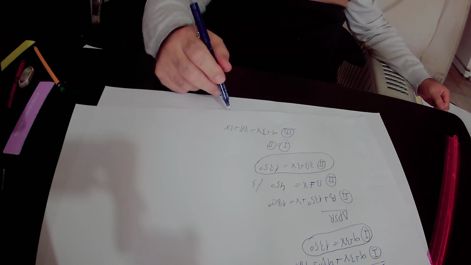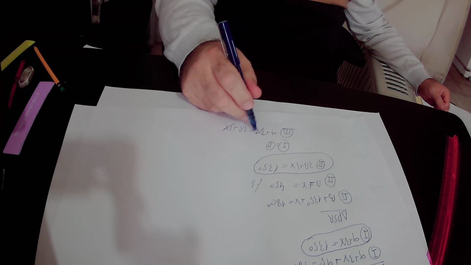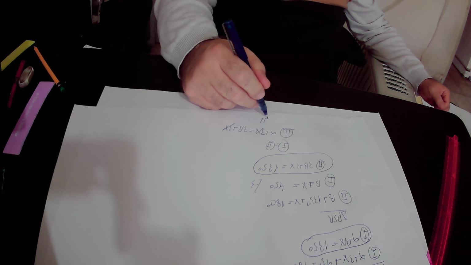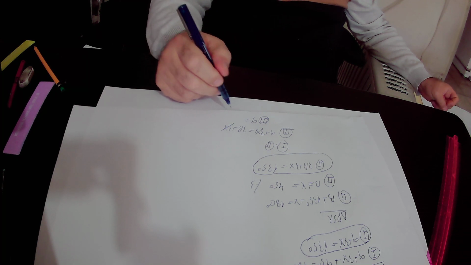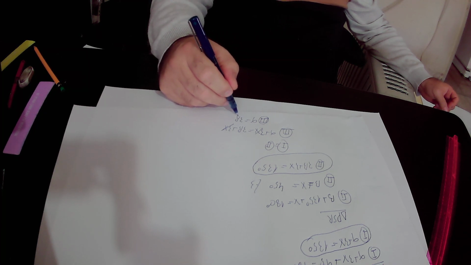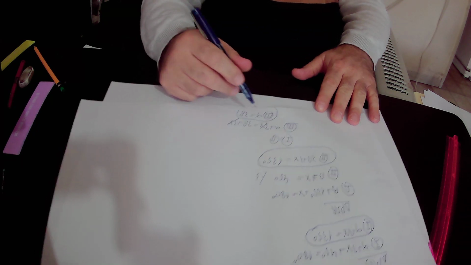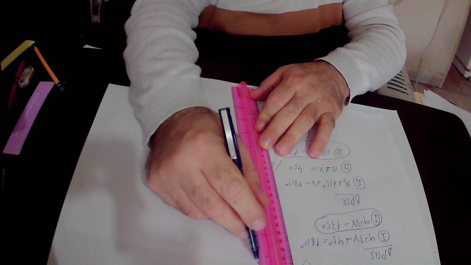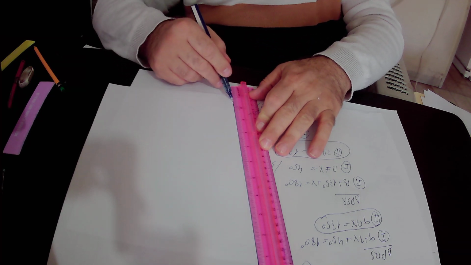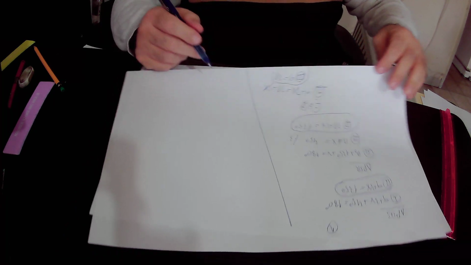Here we will subtract 3x from equation number 3, and we will get that alpha equals 3 beta. According to equation number 3, alpha equals 3 beta.